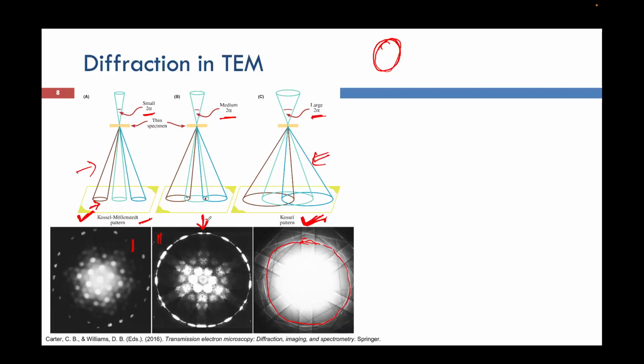So there is no hard and fast rule for the medium, that means the 2 alpha value, based on the material you put in the TEM, and accordingly we find the optimum 2 alpha to get this electron diffraction pattern and see those features completely, right?